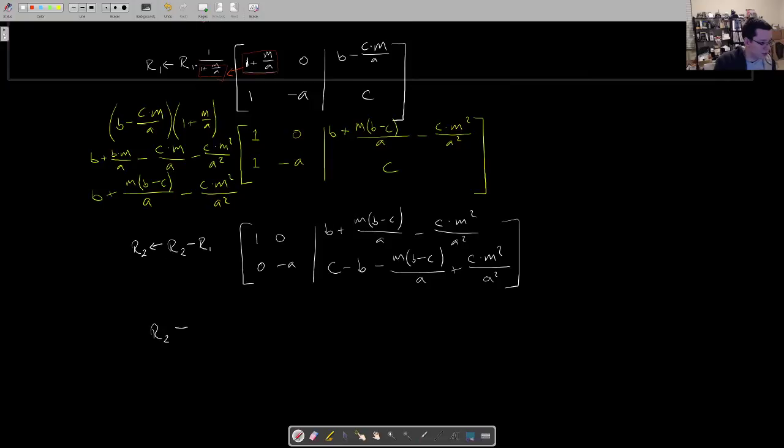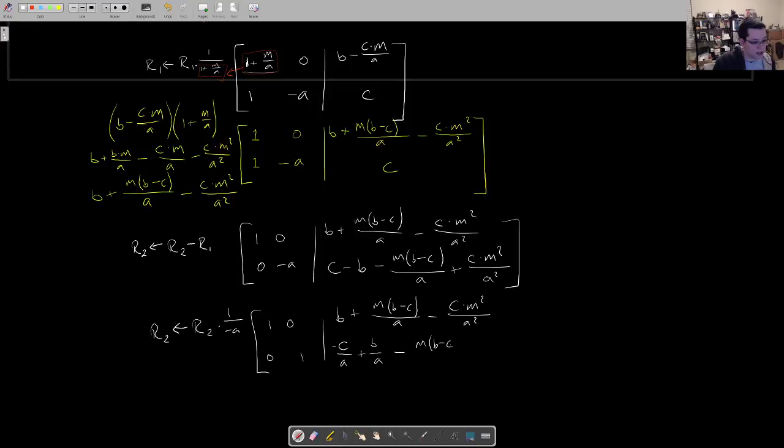Last thing, row 2 is going to be r2 times 1 divided by negative a. 1, 0, b plus m times b minus c over a, this is going to be c over a negative plus b over a minus m times b minus c. Why is this so goofy?